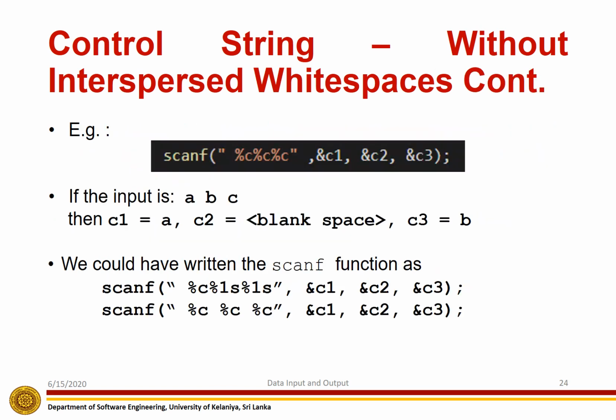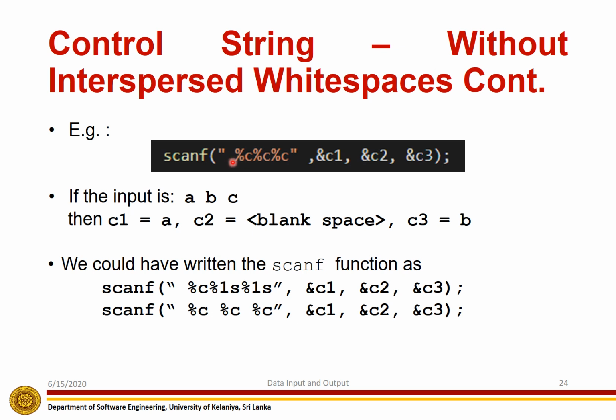In this example, you can see a scanf function with the control string and the arguments c1, c2 and c3. In the control string, there are 3 %c's and that is for single character variables. And there is an important point here. You can see there is a white space before the %c.